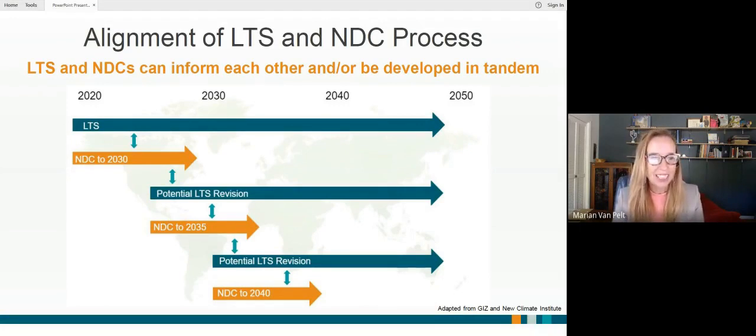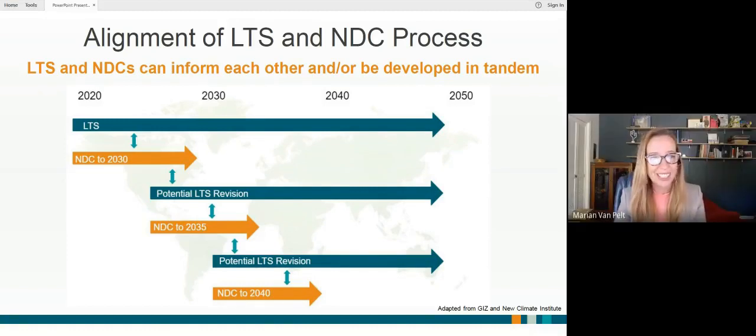I think tracking and reporting how you're doing is a way to demonstrate, again, transparently, how well you're doing towards your target. But a key way to do it is to review the information along the way and then provide an update that can either fold into your subsequent revision of your NDC or your updated NDC or a revised LTS, to be able to demonstrate in that revision how things have been going, what situations might have changed.